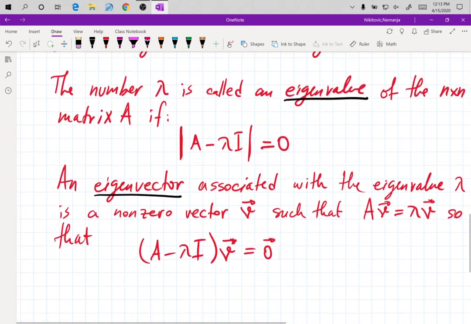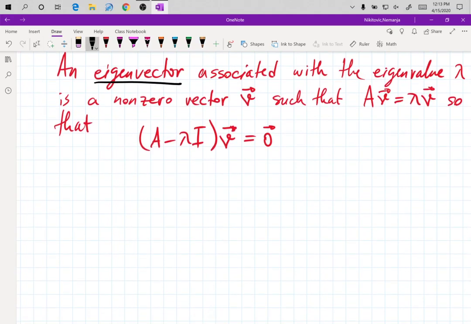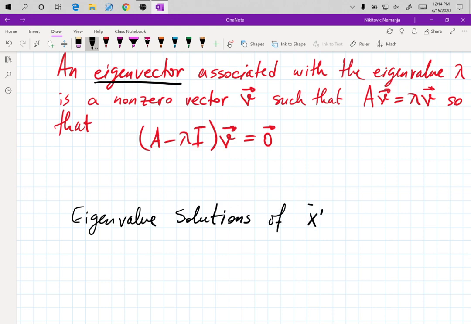And now, when we did this, we can define the eigenvalue solutions. So yes, finally we can solve the systems from 5.1 with this. Now, I don't have anything that shines brighter than this red. So I guess I'm going to encase this. So let's go with eigenvalue solutions of x prime equals Ax.